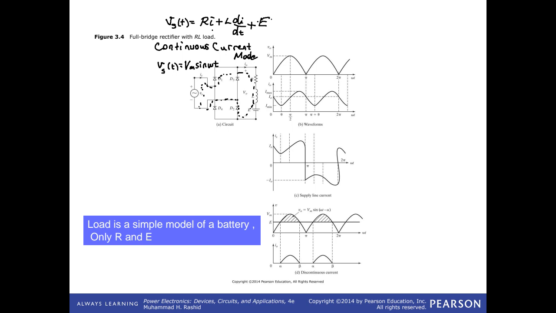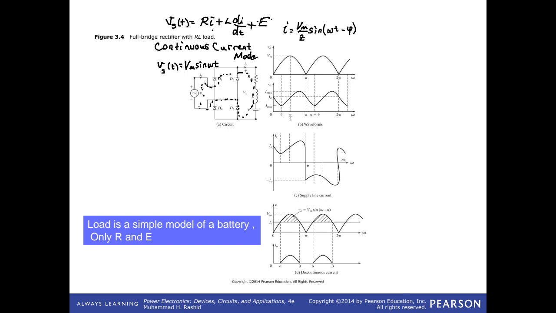The solution is something like this. i is equal to VM over Z sin(omega t minus phi).